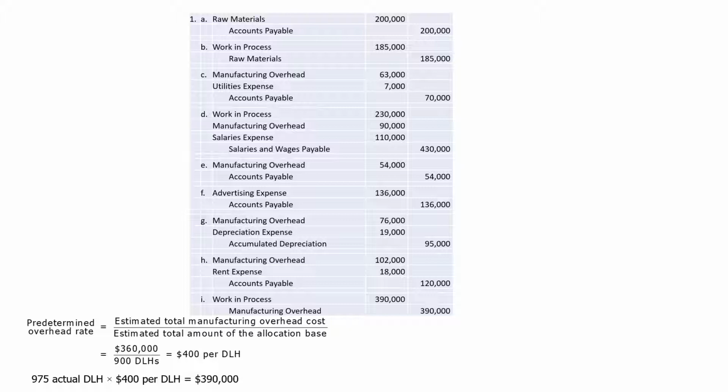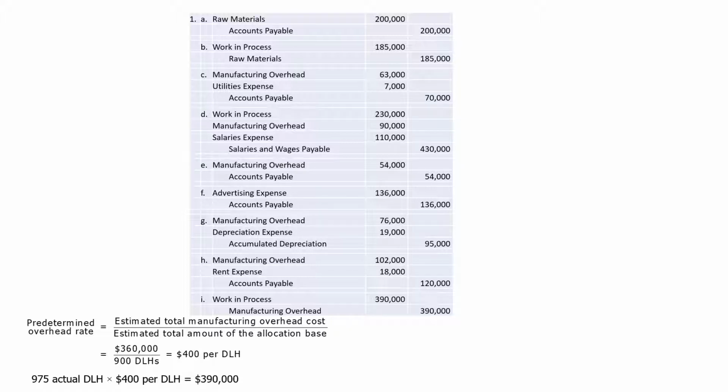In I, manufacturing overhead costs was applied to jobs. Well, now you have to figure that out. So remember, they said they use a predetermined overhead rate. We'll take the estimated total manufacturing overhead cost, which was given in the problem as $360,000, divided by the estimated total direct labor hours, which were 900. So the predetermined overhead rate would be $400 per direct labor hour.